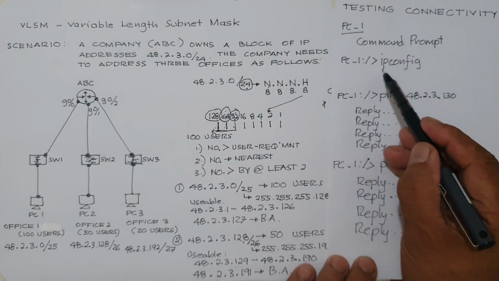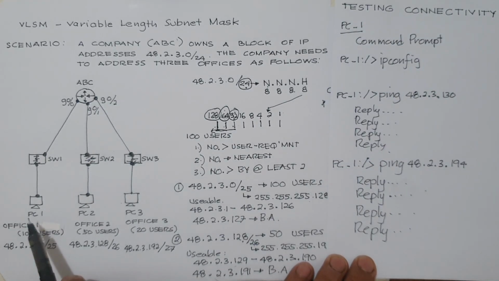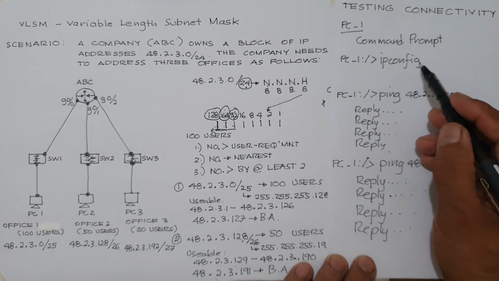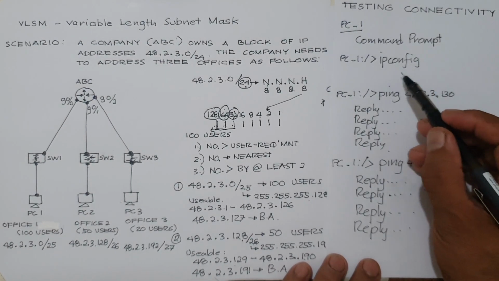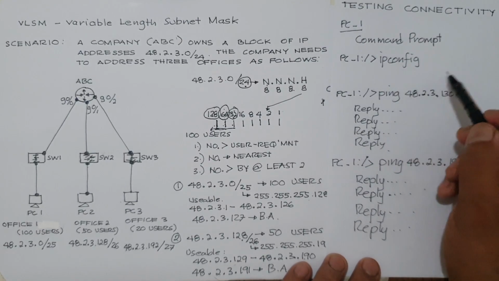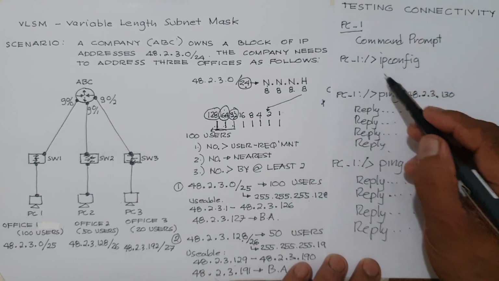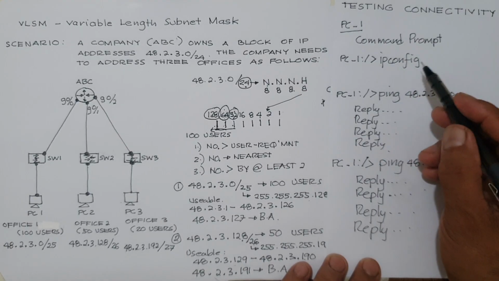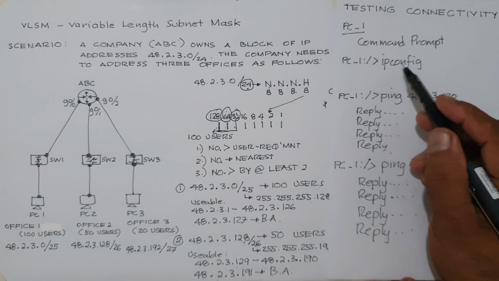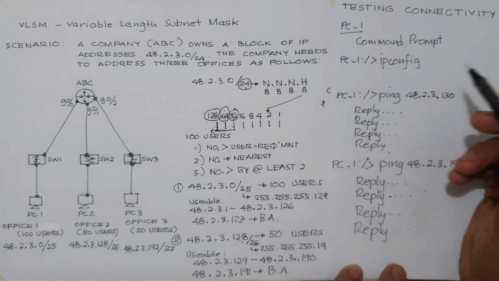You type ipconfig to check whether the IP address that we configured earlier is in the system of the PC. So you must be able to see IP add, subnet mask, and default gateway. Okay, when there is no problem with that, when the correct configuration or the IP address we issued earlier comes out, then we are ready to test connectivity.